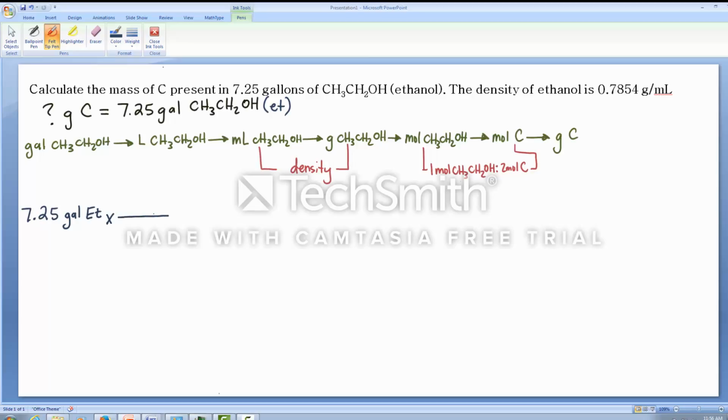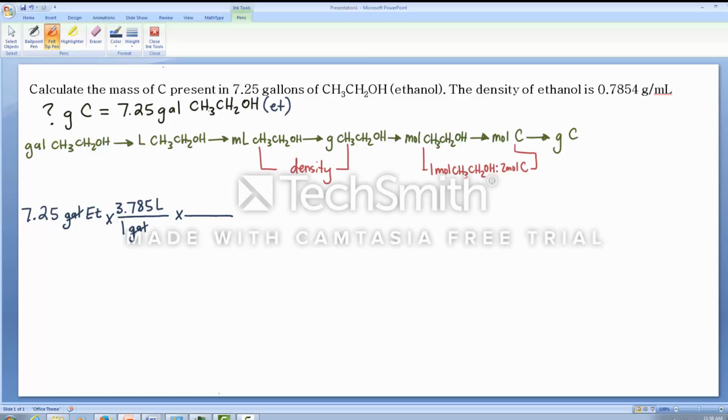And the conversion factor from gallons to liters is, for every 1 gallon, we have 3.785 liters. So now I am in liters of ethanol, liters of CH3CH2OH.